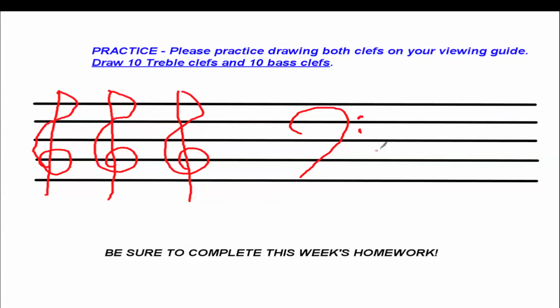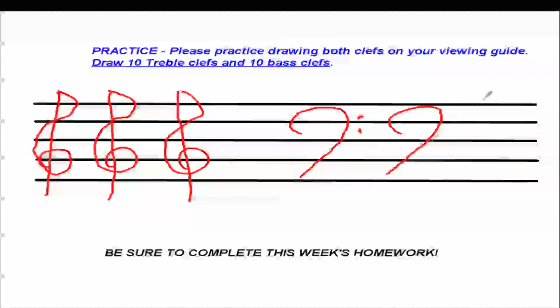So watch again. You start in the third space, you come up and around to the top, and then all the way back down and end in the first space, and then you do your 2 dots around the fourth line. That's how you draw your bass clef.